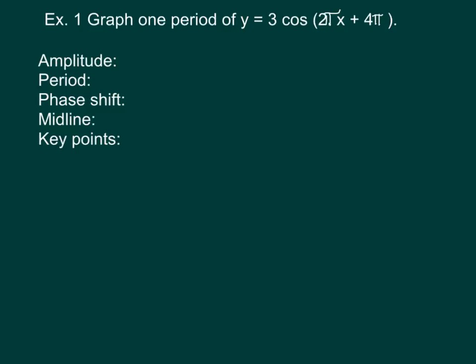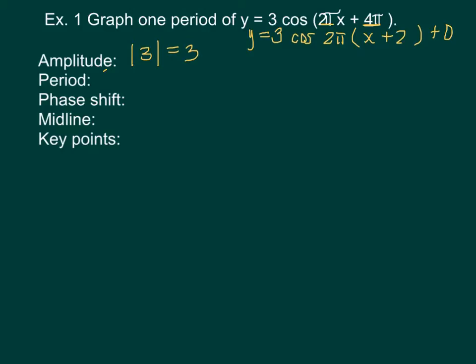So we're going to begin by graphing one period of y equals 3 cosine (2 pi x plus 4 pi). And just like with the sine graph, I'm going to rewrite this so it's in the right form. I'm going to factor out a 2 pi, so we can see B and C. That'll leave me with x plus 2 plus 0. So my amplitude is the absolute value of A, which is 3.